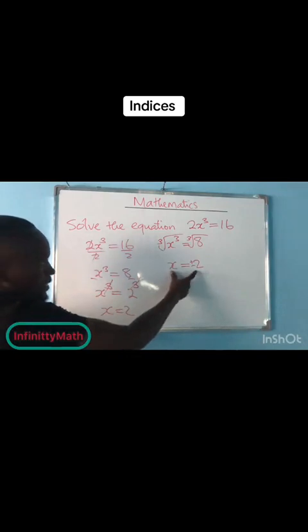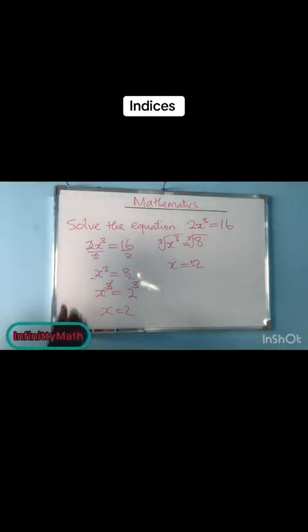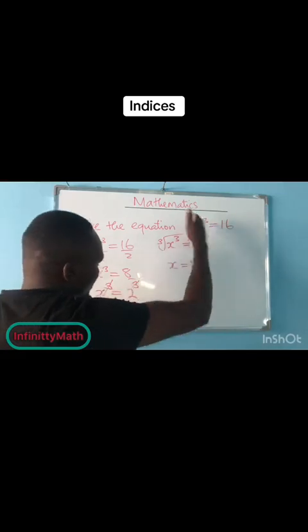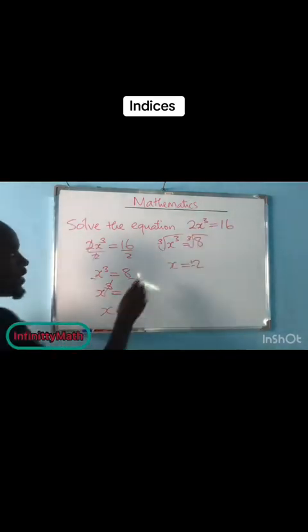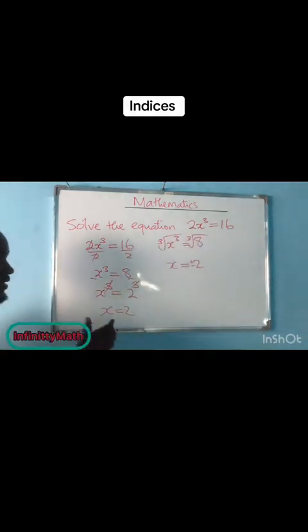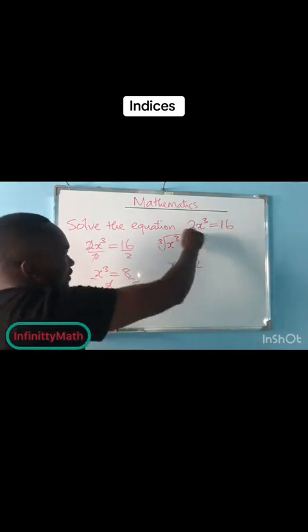You might find that a negative will not satisfy this equation, because if we substitute negative 2 where there is x, we'll have negative 16 on this side, instead of positive 16.